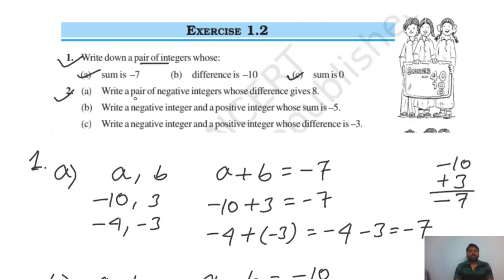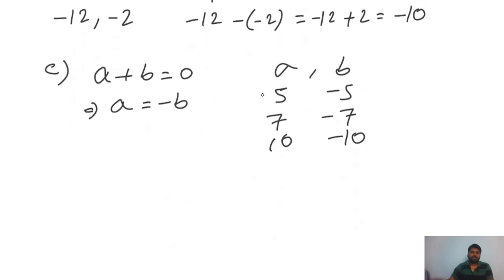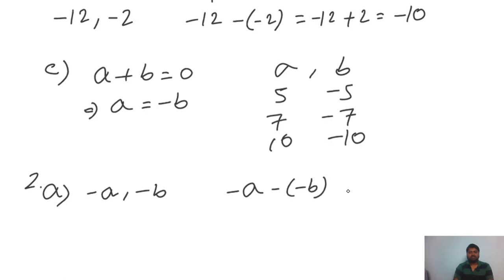And you can easily solve different types of similar problems. Suppose write a pair of negative integers whose difference gives 8. Here the problem is a pair of negative integers, suppose minus a and minus b, whose difference minus a minus of minus b, that means minus a plus b equal to 8.